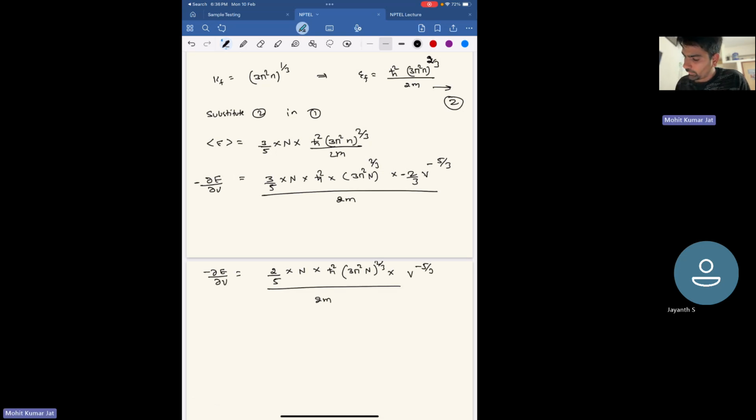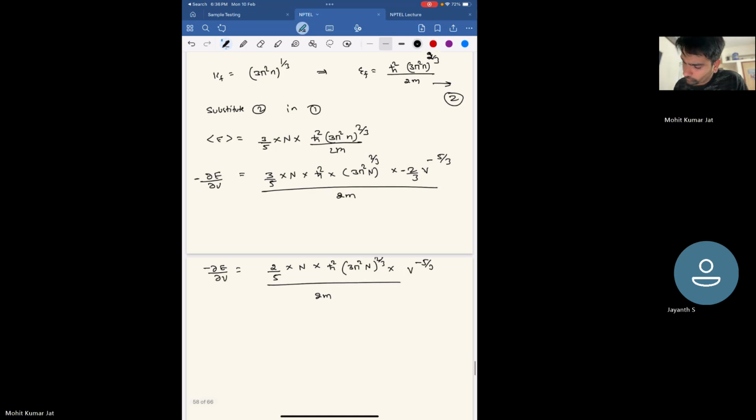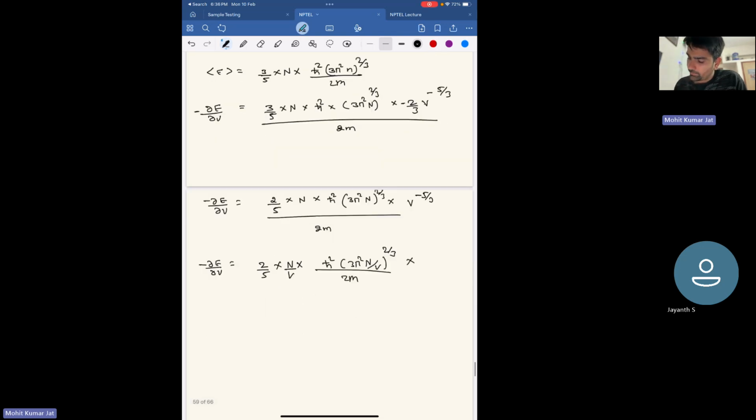If you just transfer the V inside and do the calculation, let me do it. So minus del E by del V is 2 by 5 n times h bar square 3 pi square n by V to the power 2 by 3, times V to the power minus 1, by 2m. 2 by 5, n by V is n, and this term, recall, is EF. So the degeneracy pressure will be given as 2 by 5 times n times EF.